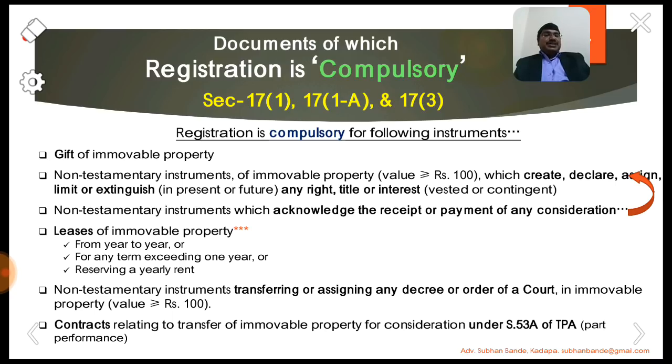Under such conditions, even for such contracts related to transfer of immovable property for consideration under section 53A, that is part performance, registration is compulsory. For these instruments, registration is compulsory as under section 17(1), 17(1)(a) and 17(3).